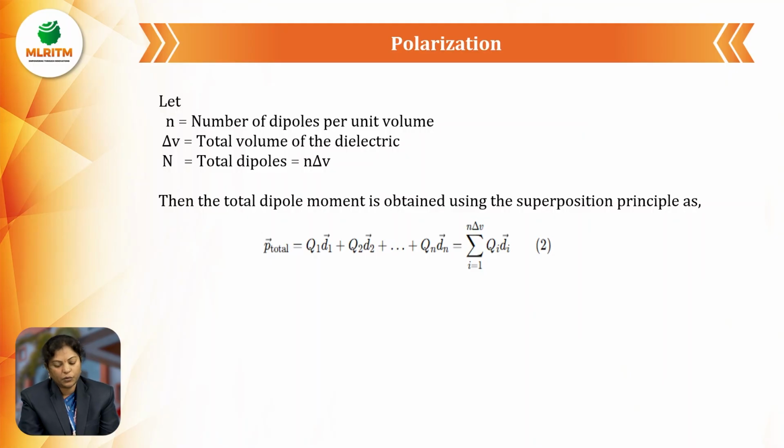The total number of dipoles is N into delta V. The total dipole moment is obtained by the superposition principle: P total equal to Q1 D1 plus Q2 D2 up to Qn Dn. So this is the total dipole moment.